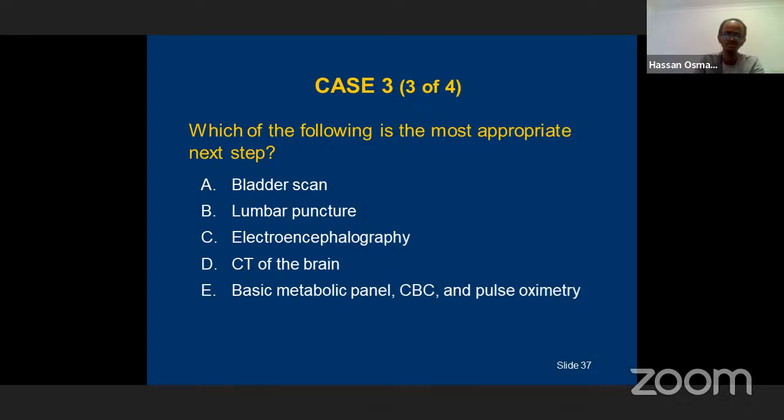What do you think is the most appropriate? Lovely. And the answer is the basic metabolic panel.